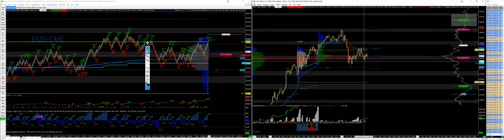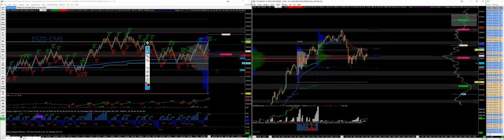And we're currently trading right on top of the overnight VPOC, so balancing. This impulse was expected to have a continuation lower, which it currently hasn't had.